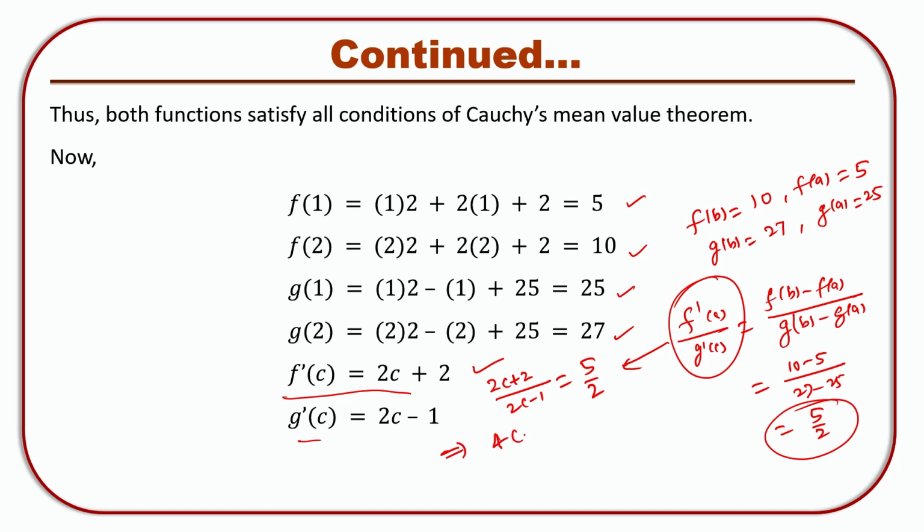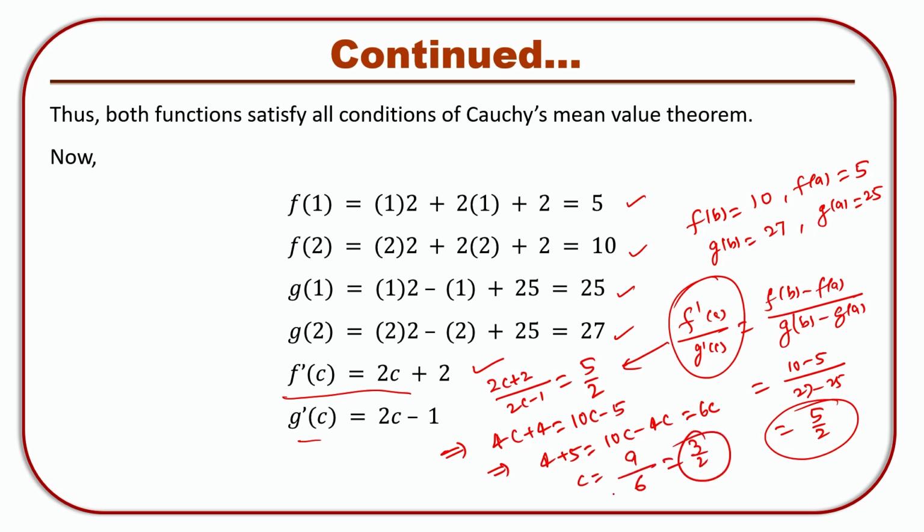So this is 4c plus 4 equal to 10c minus 5. Take the c terms to one side: 4 plus 5 is equal to 10c minus 4c, equal to 6c. So c equal to 9 by 6 equal to 3 by 2.